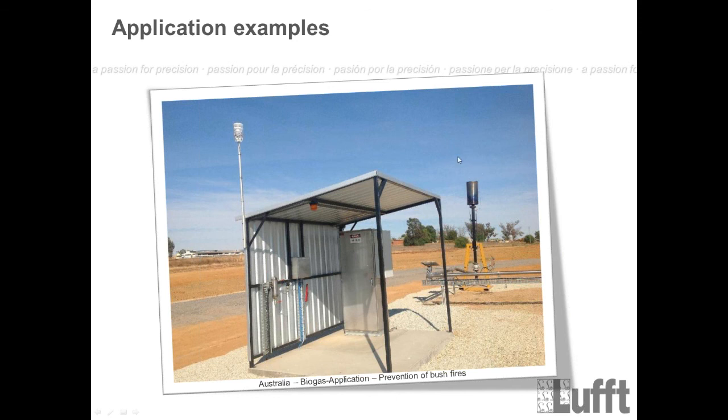Of course, depending on the outside conditions, this can be dangerous for the environment because it can start to burn also the trees and everything. So the WS500 here will regulate whether the flame will be on or off. That's a nice application for the prevention of bushfires, for example.